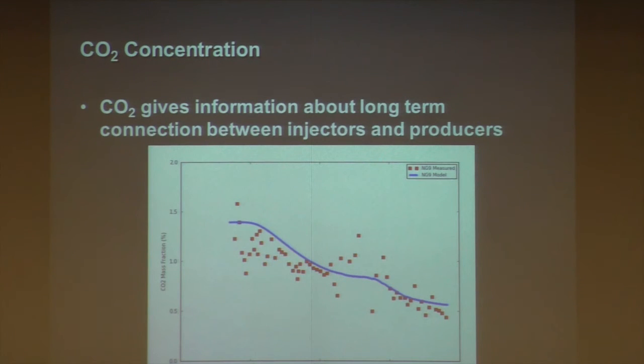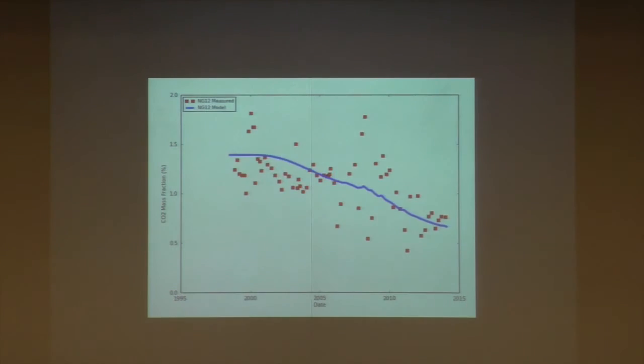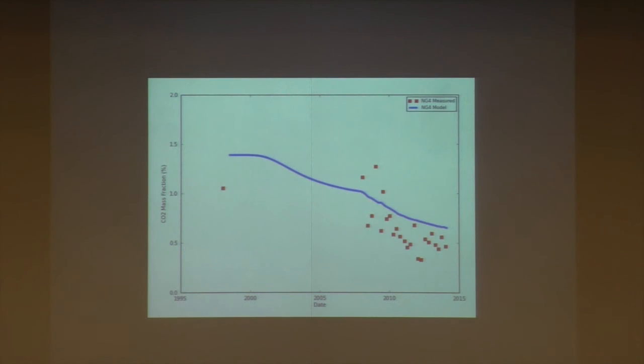That degassed fluid then spreads throughout the reservoir and is finding its way back to the production wells. So this is giving us information about the long-term connection between the injection wells and the production wells, in particular the flow paths between those wells. We'll see similar good matches in the other two production wells, UG12 and UG4.